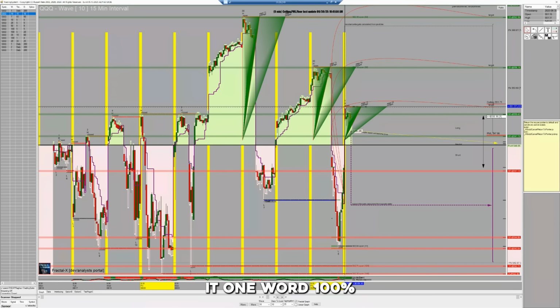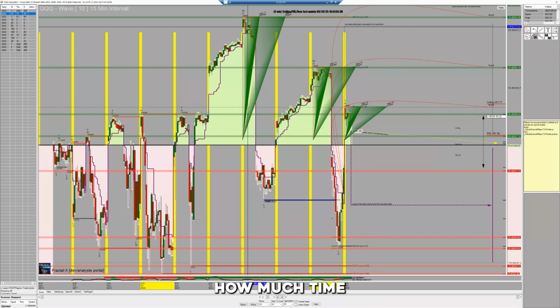It won't work 100% of the time, you have to be clear about that. Here it did not work, but it's still a cool stat to look at: how much time will it take to close my target according to the fractal.